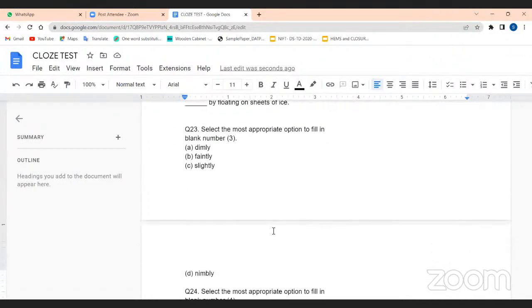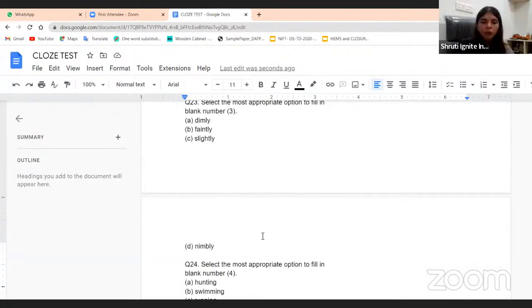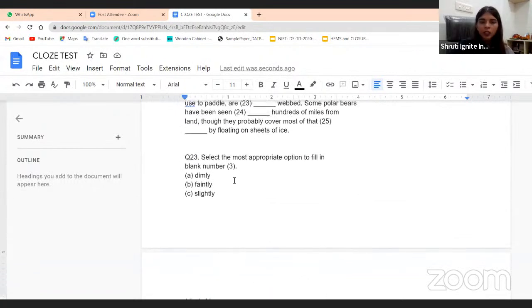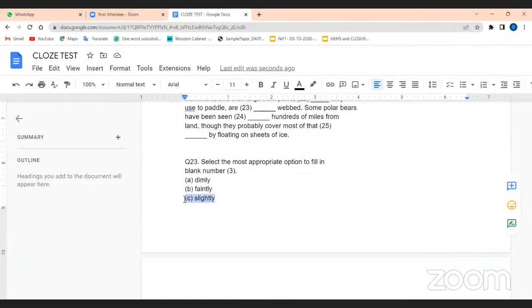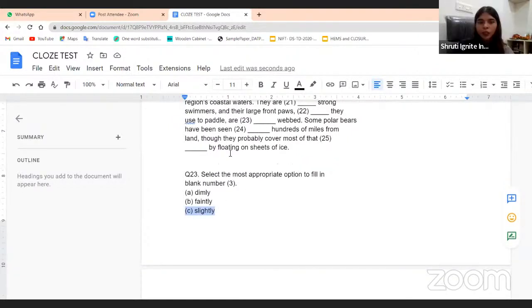Slightly. Nimbly wouldn't fit. So obviously these three are the only options we'll be going with. Option C, slightly, is the correct option in this case.